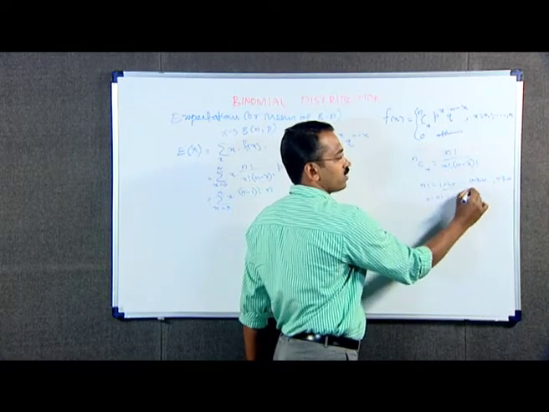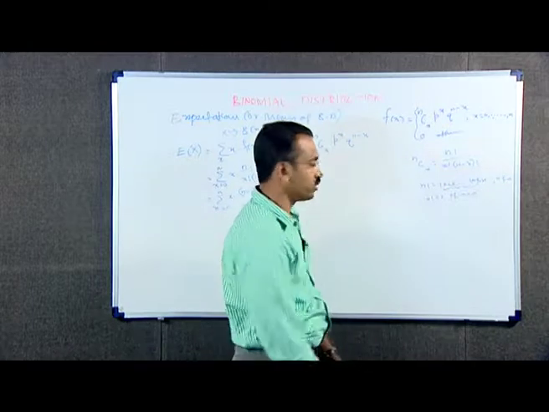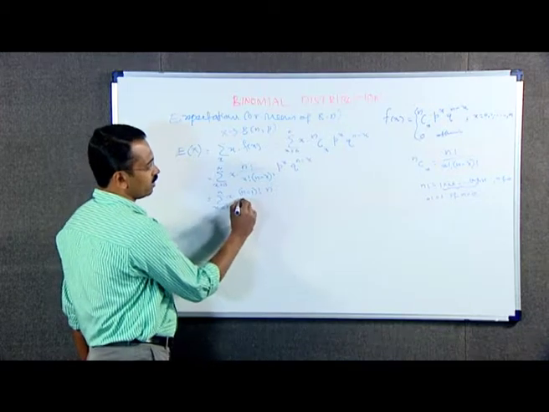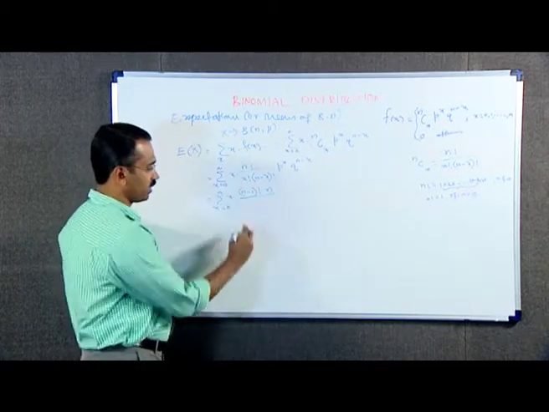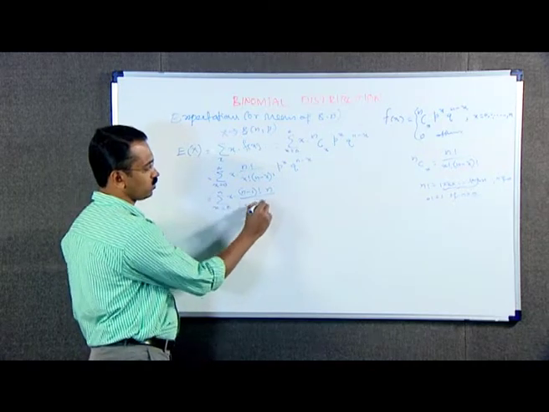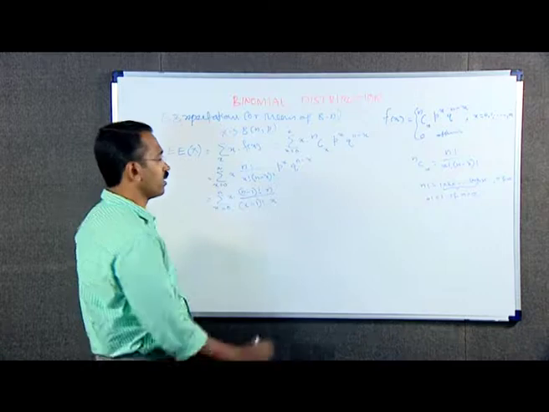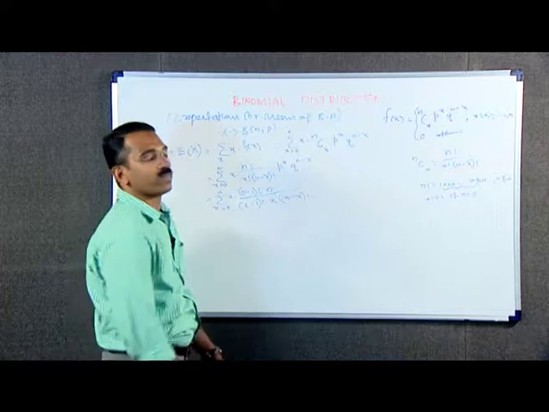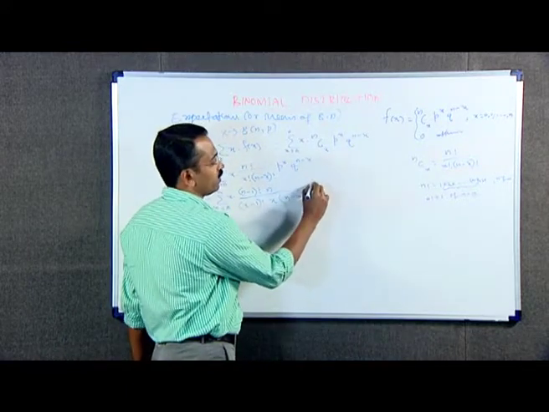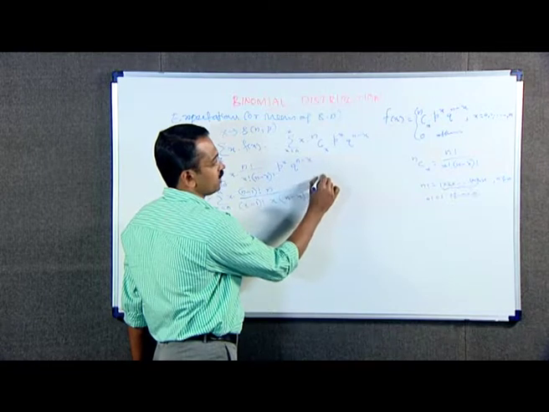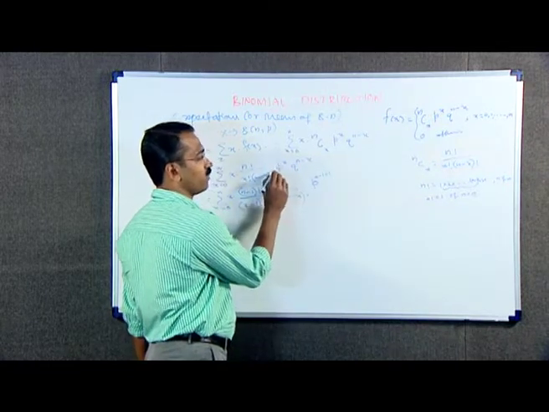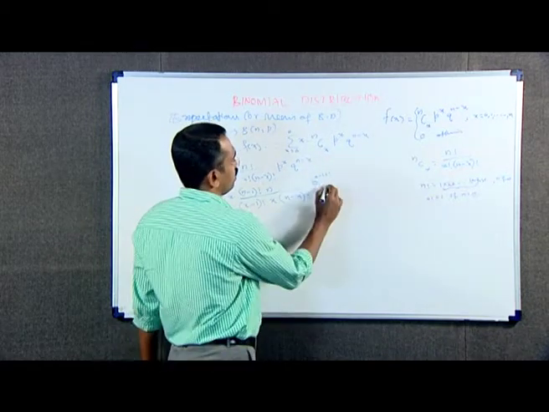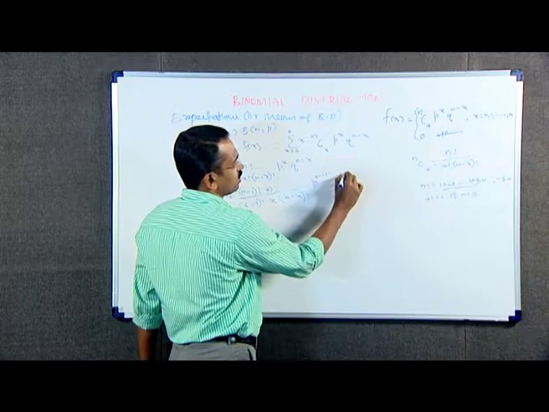Therefore, we can write this as n minus 1 factorial into n, and x factorial is x minus 1 factorial into x, into n minus x factorial, into p raised to, we write p raised to x minus 1 plus 1, that is in the power of p we just add 1 and subtract the same, into q raised to n minus x.